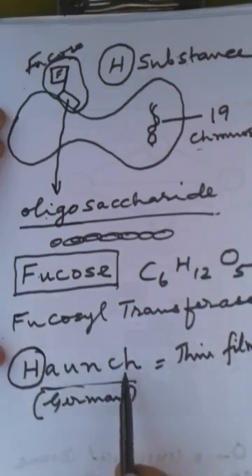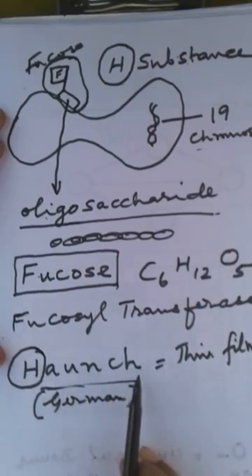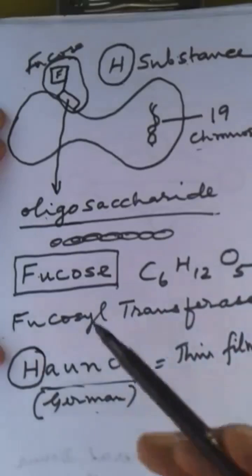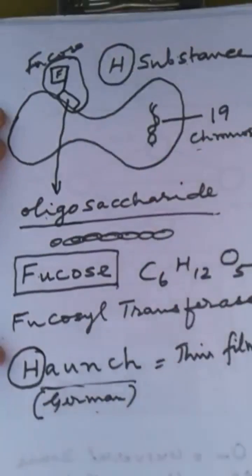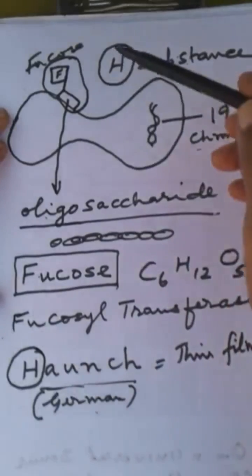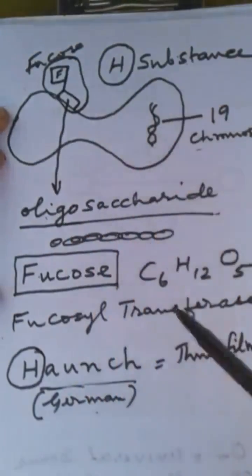So the same spelling is there in the English word, but it has another meaning. In architecture, it is a projected portion. That haunch is not this haunch. This haunch is purely German, and this H came from this H. So this is the story of the foundation which is seen on the surface of these red blood cells.